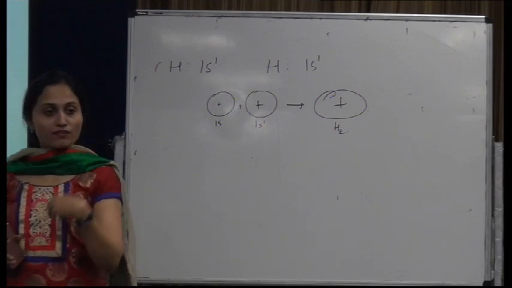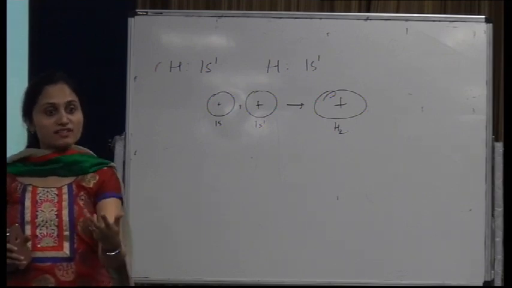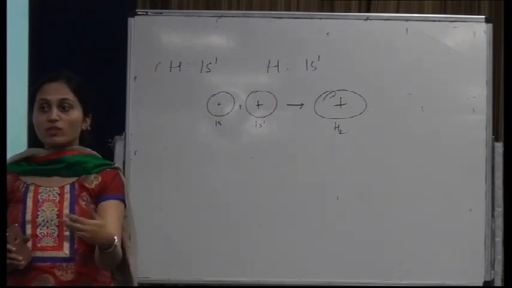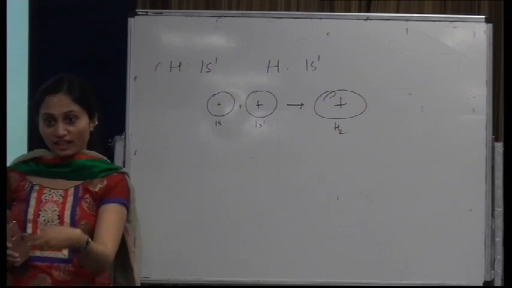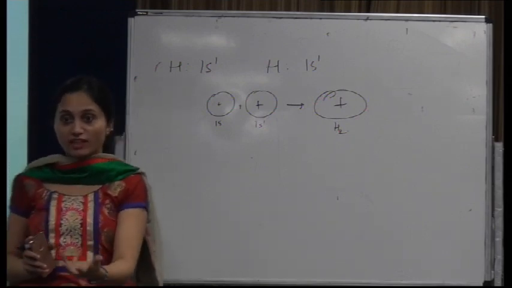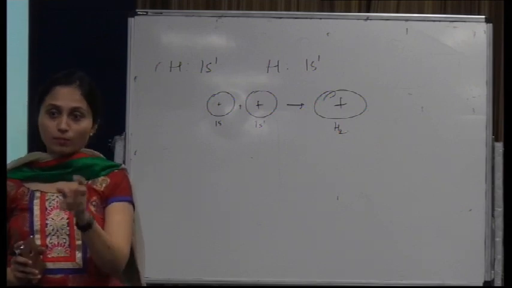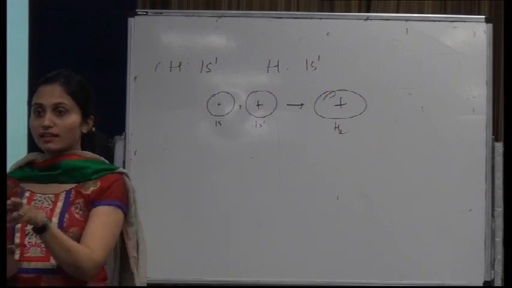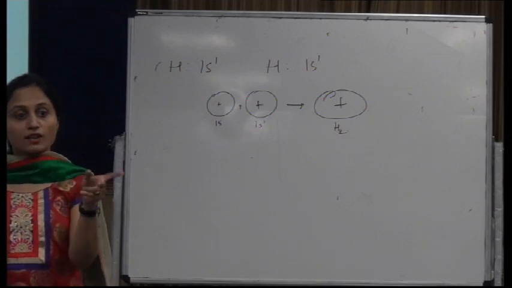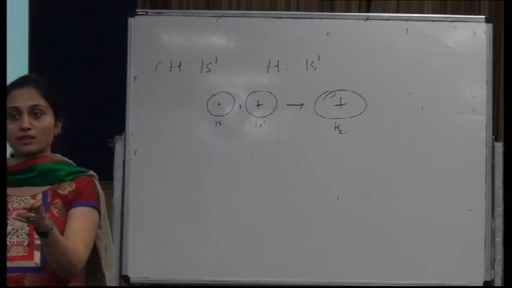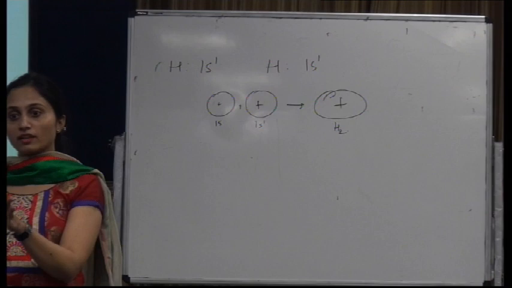Like, if I become friends with you, I will be interested in what your properties are, how your nature is, whether it is giving or taking, what kind of tendencies you have. So all this and more we'll do in the next topic. We'll study the periodic properties, and another thing that I've set the base for is that the combination of two atomic orbitals will yield your molecular orbitals.